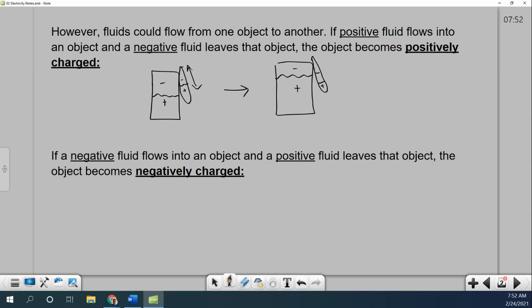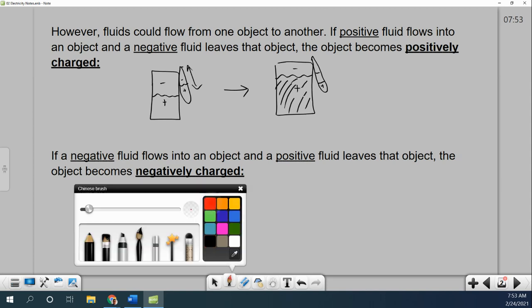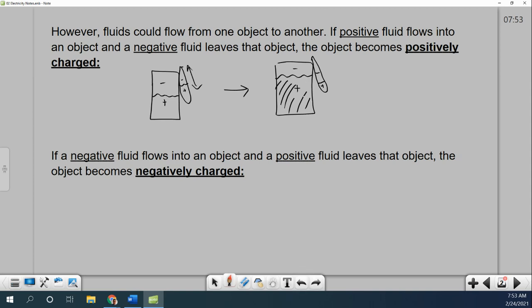And the negative fluid transfers to the other. And you get a little mix. You can see how one of them now is more positive, and one of them is more negative. So they flow back and forth.